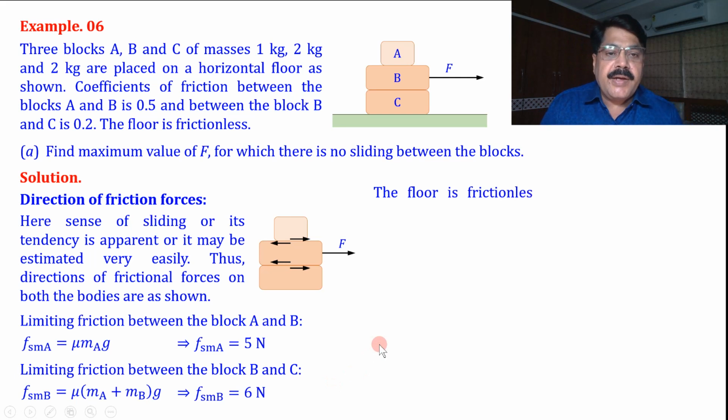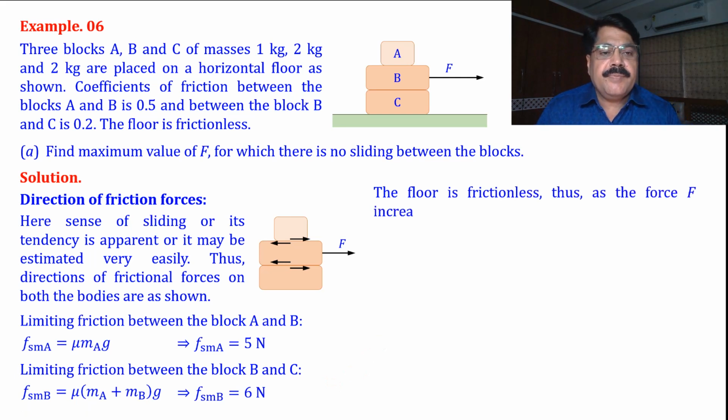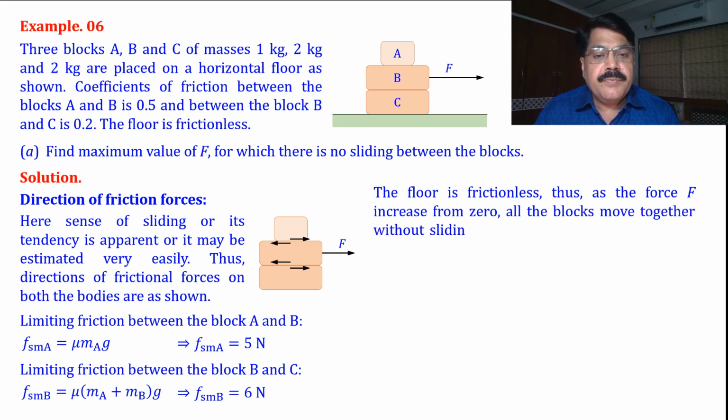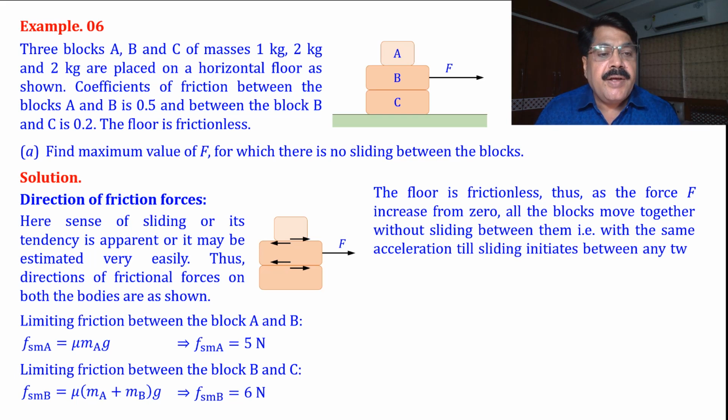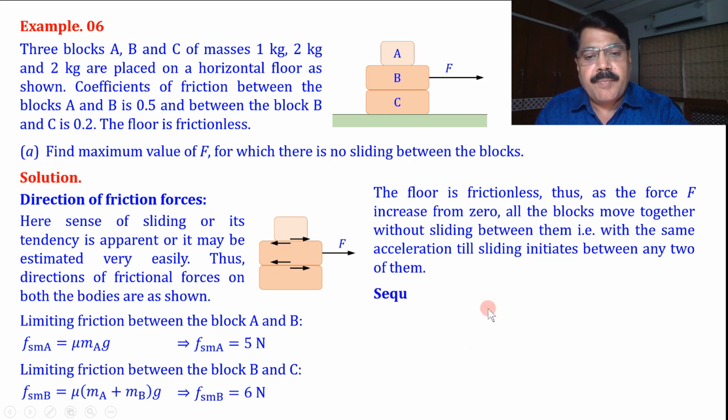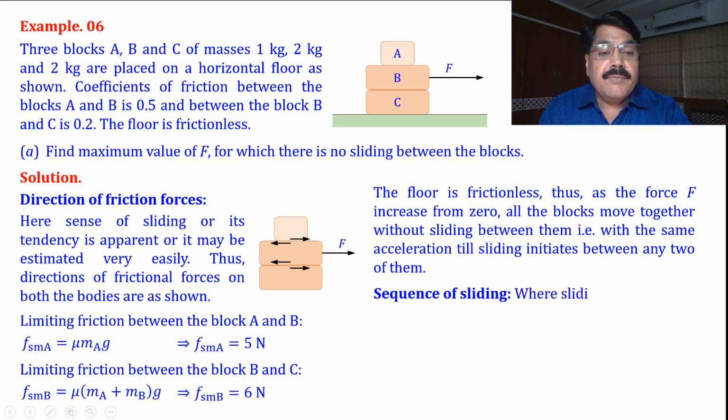Now we think somewhat here. The floor is frictionless. Thus, as the force F increases from 0, all the blocks move together without sliding between them, that is, with the same acceleration, till sliding initiates between any two of them, because we are not sure at which contacting surface sliding will initiate, between A and B or between B and C. But before sliding initiates anywhere between the blocks, all the blocks will have the same acceleration. Sequence of sliding: where does sliding initiate first?